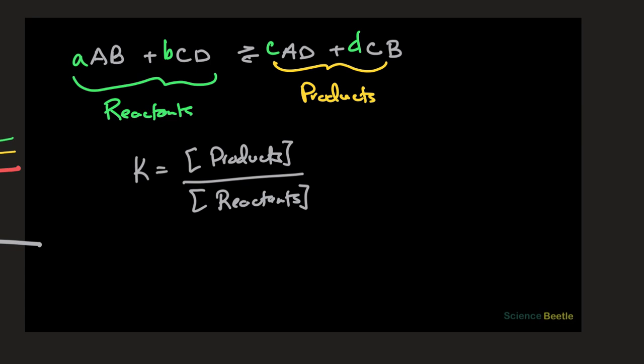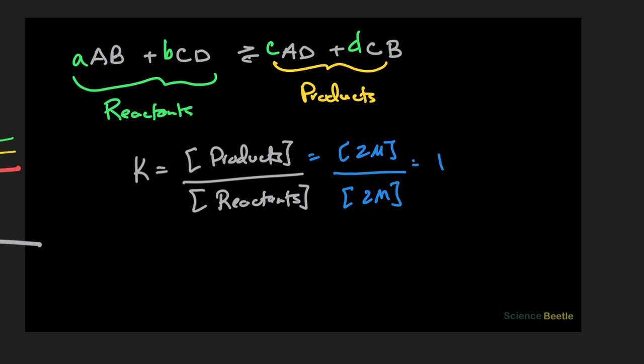At equilibrium, if the concentration of the products is the same as the concentration of the reactants, for example, if we do the multiplication of both of the products and, just generically, let's say that the concentration is 2 molar, and we do the same thing for the reactants and find out that the total concentration is 2 molar for the reactants as well, well, 2 divided by 2 is ultimately going to give us 1.